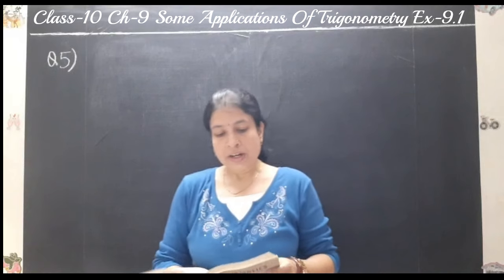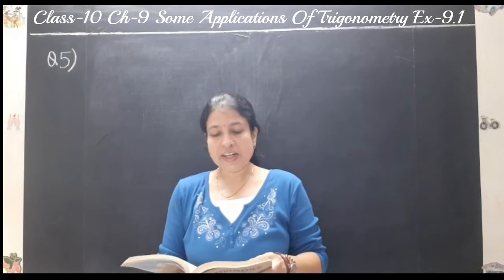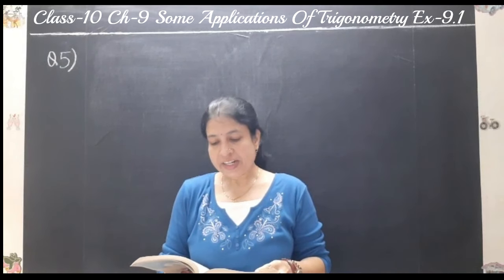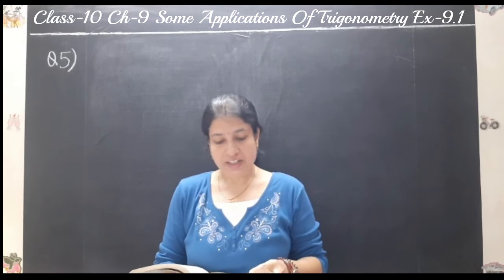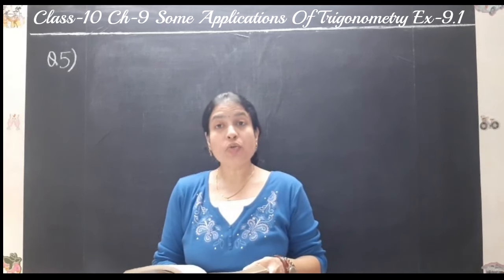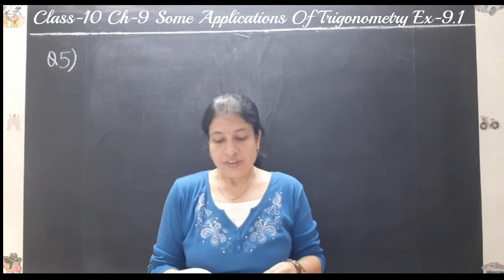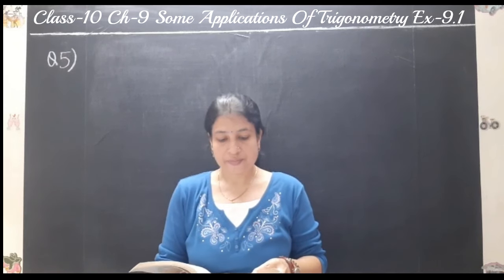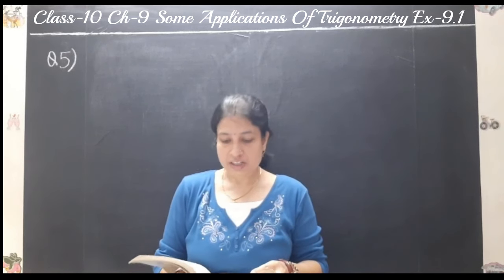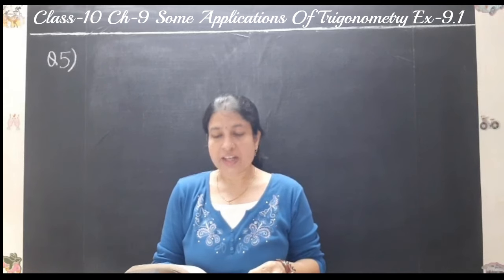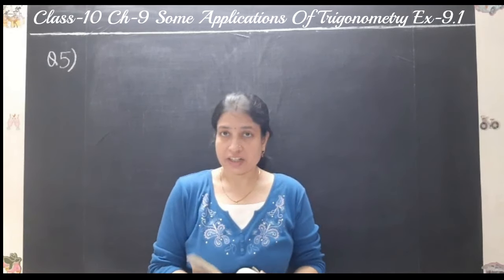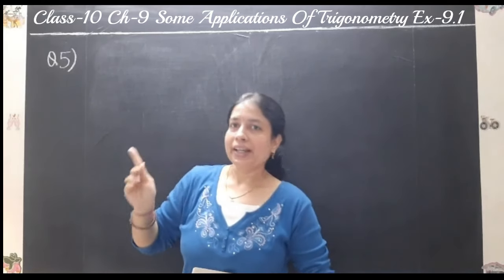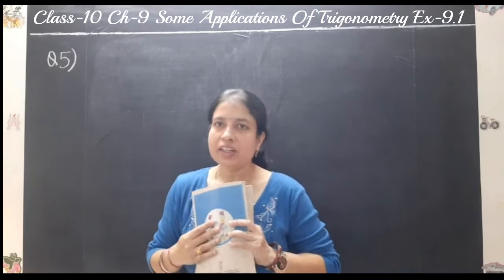Question number 5. A kite is flying at a height of 60 meter above the ground. The string attached to the kite is temporarily tied to a point on the ground. The inclination of the string with the ground is 60 degree. Find the length of the string, assuming that there is no sag in the string. So first of all, we have to draw a diagram on the basis of given information.